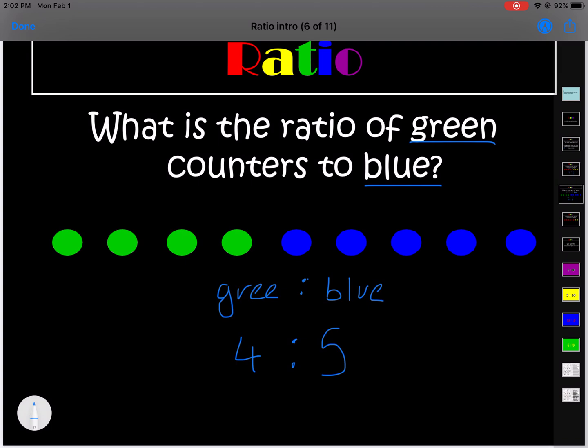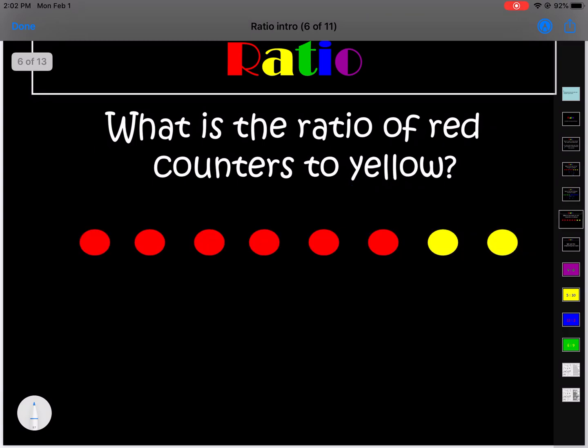Okay, to mix paint, 4 parts green paint to 5 parts blue paint. Okay, to make some wonderful colour. Alright, so that's how these would be used, but right now we're just looking at writing them down. The next one would ask red to yellow again, so that would be 6 red, so 6 to 2.